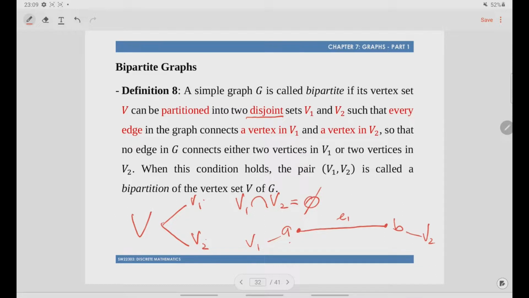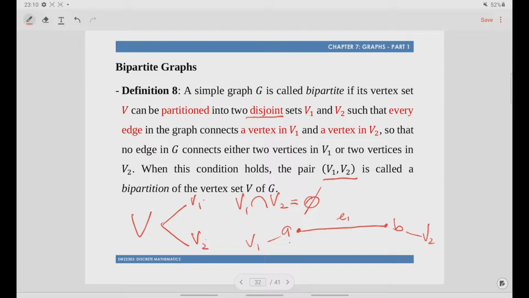That's the second condition, so that no edge in G connects two vertices in V1 or two vertices in V2. When this condition holds, the pair of these two sets, V1 and V2, is called a bipartition of the vertex set V of G.